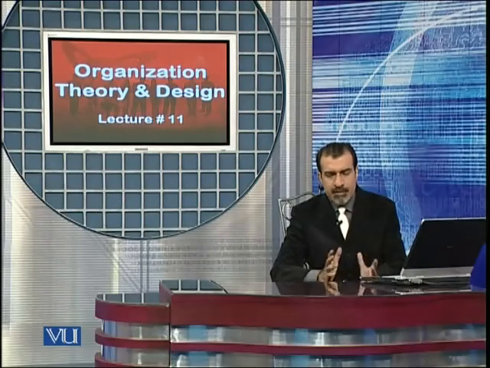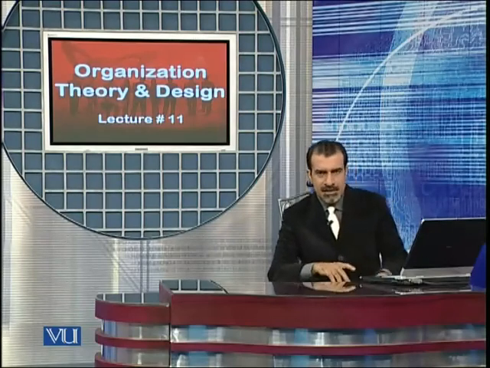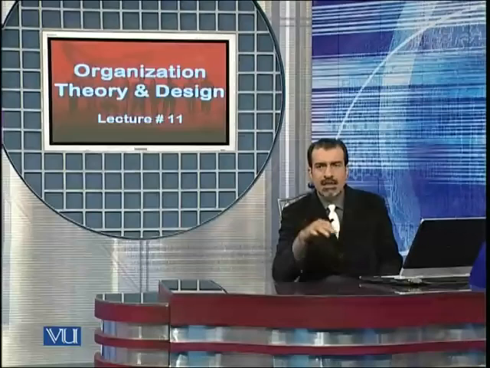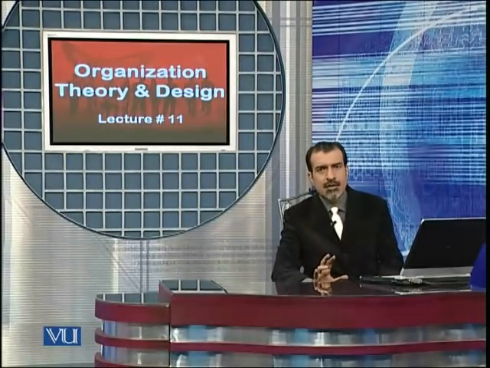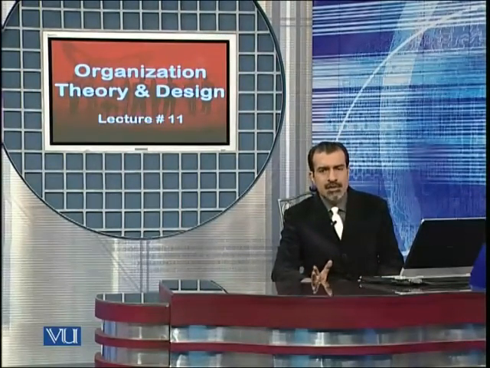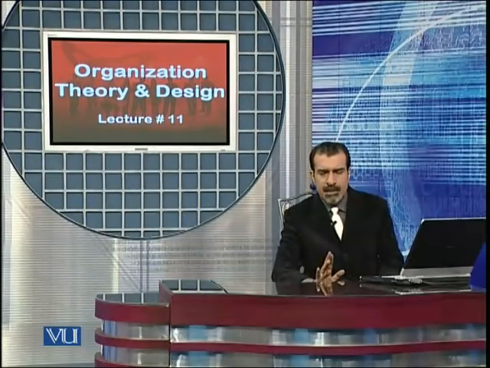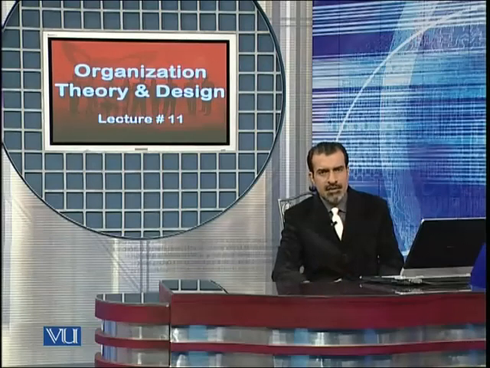So we have been talking about mechanistic and organic designs, and today in this session we are going to discuss the characteristics of a mechanistic form and an organic form. We have already seen, from our discussion on structural and contextual variables, especially the structural variable, that a mechanistic design will be highly formalized with high centralization, high specialization, high standardization and more vertical hierarchy.